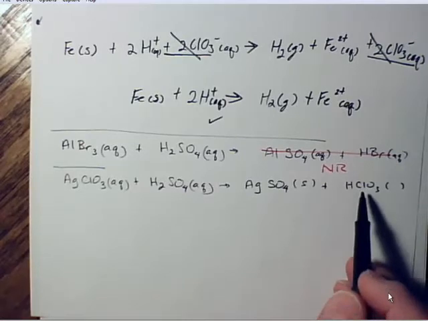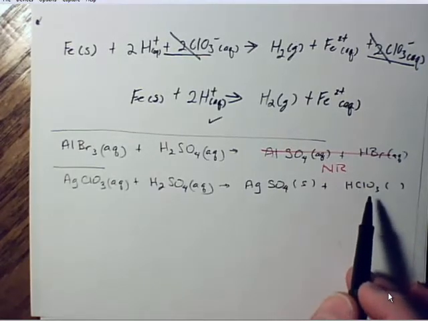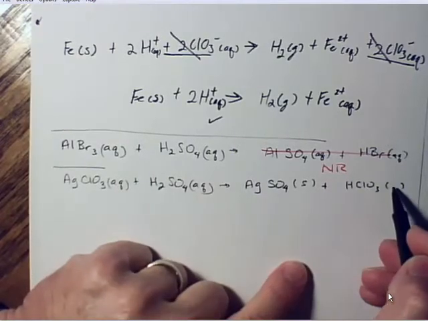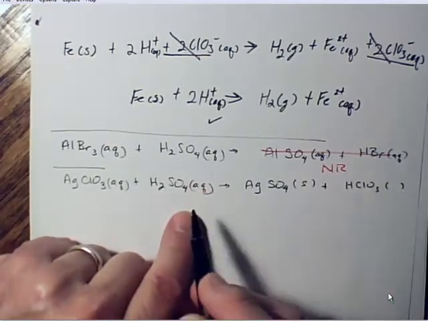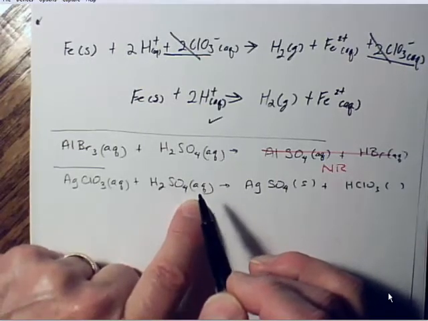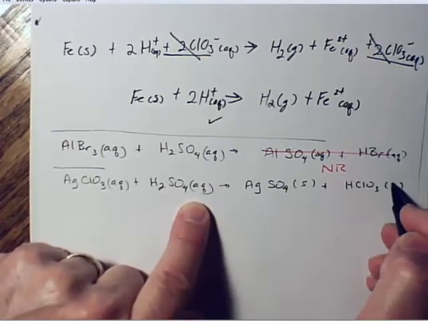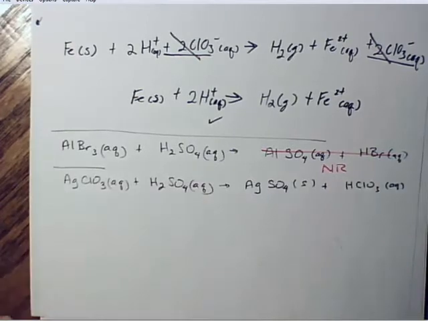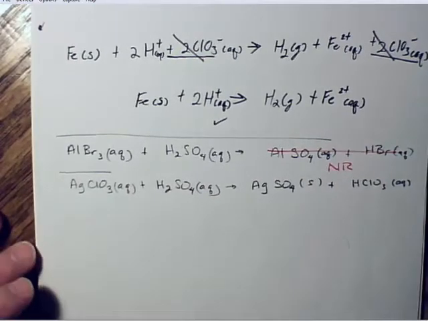We formed a solid. This over here is an acid, and chlorate compounds are always soluble. That's always going to be aqueous so long as there is water around, and we knew there was water around because both these compounds were dissolved in water, and that's why we called them aqueous. So there's our initial prediction of products.